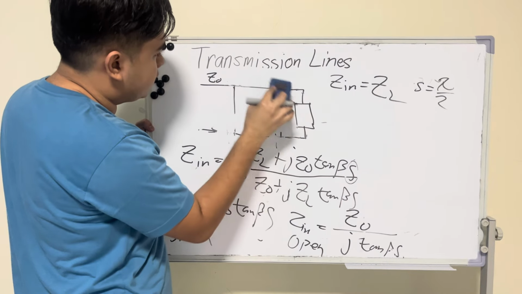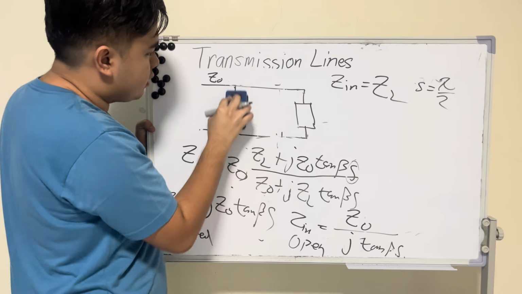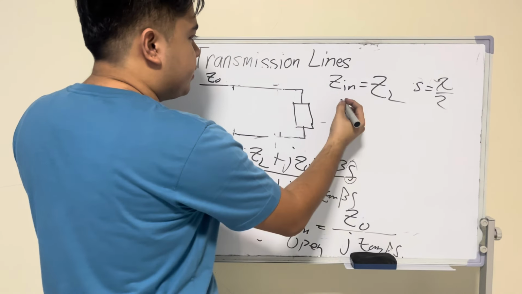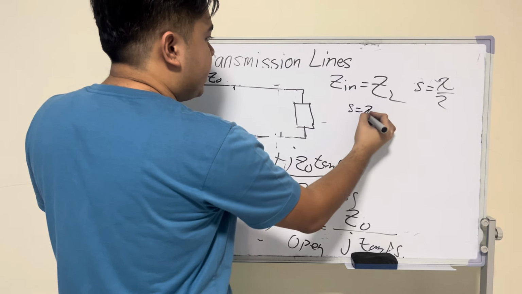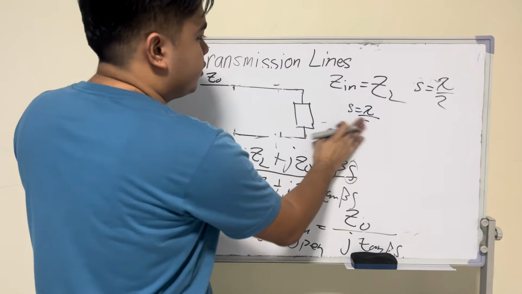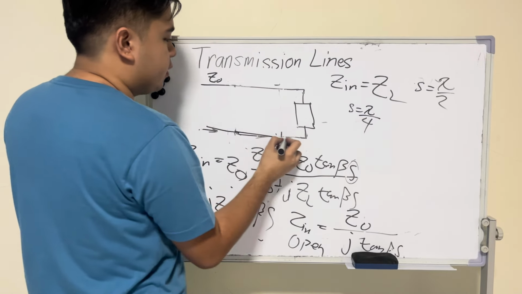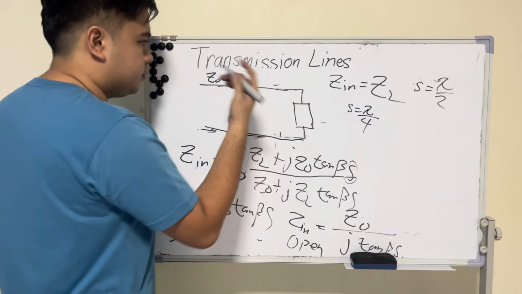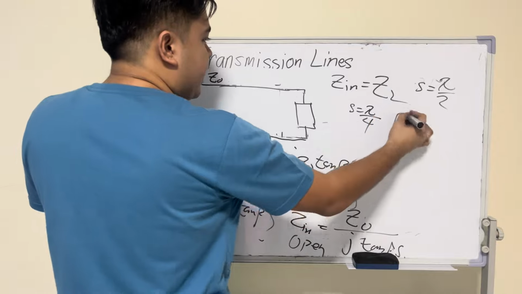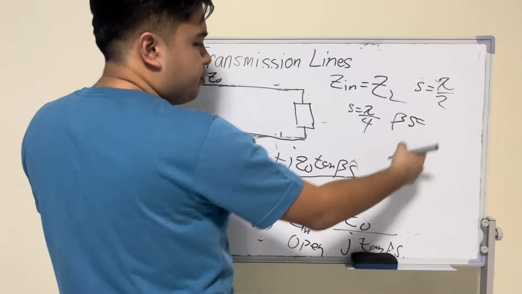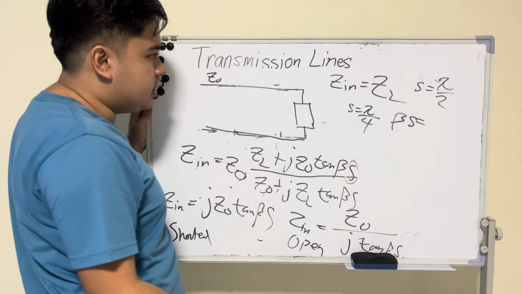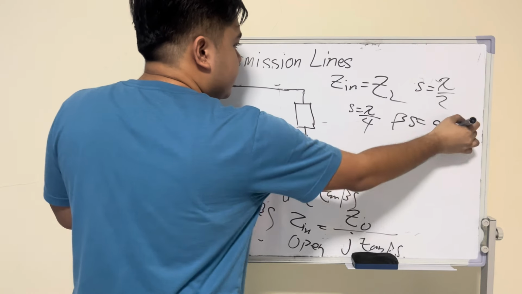Next, let's look at S equals lambda over 4. So this would be quarter wavelength. What would be the formula then? All right, so beta S at this point would be 360 over 4, which is going to be 90 degrees.